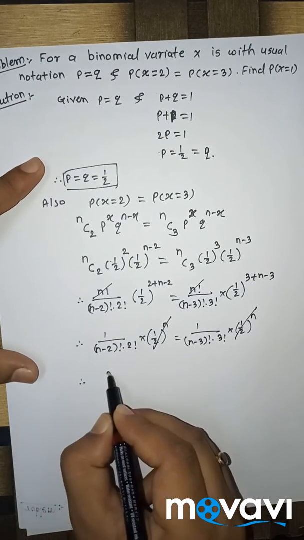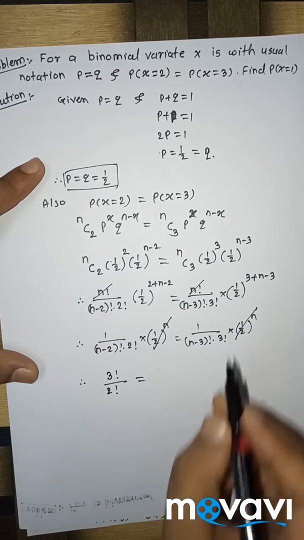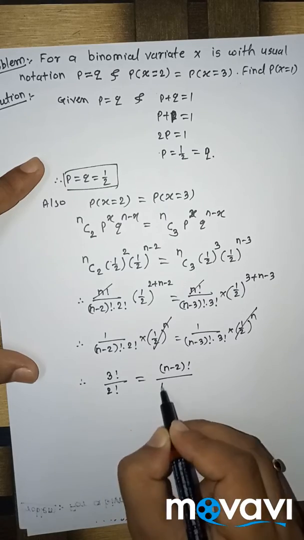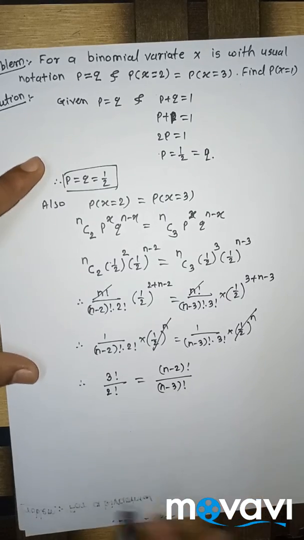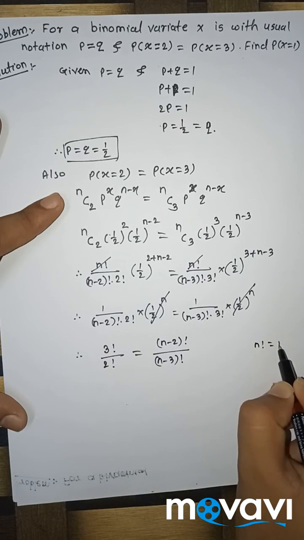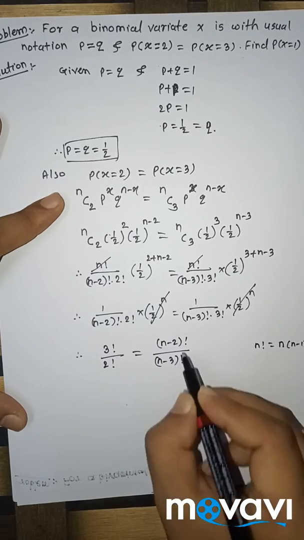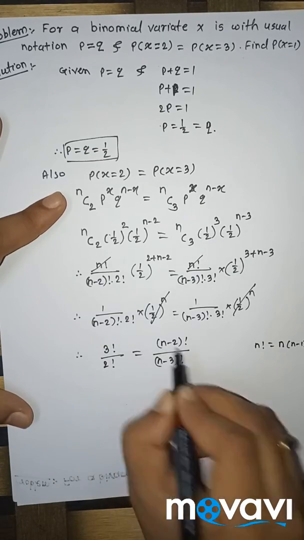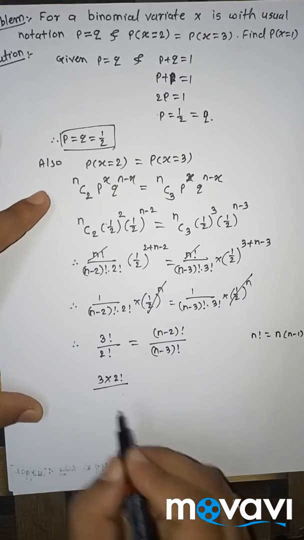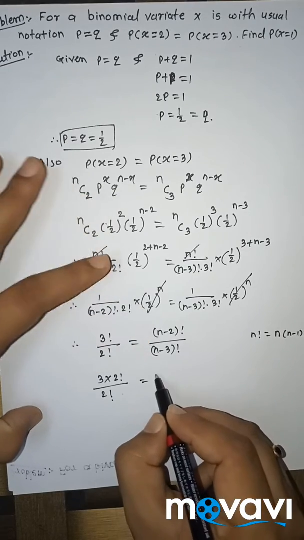Therefore, here this 3 factorial upon 2 factorial, by cross multiplication, is equal to n minus 2 factorial upon n minus 3 factorial. And we know that n factorial we can write as n into n minus 1 factorial. So here we use this formula for n minus 2. We can write 3 factorial as 3 into 2 factorial upon this 2 factorial is equal to n minus 2 factorial.